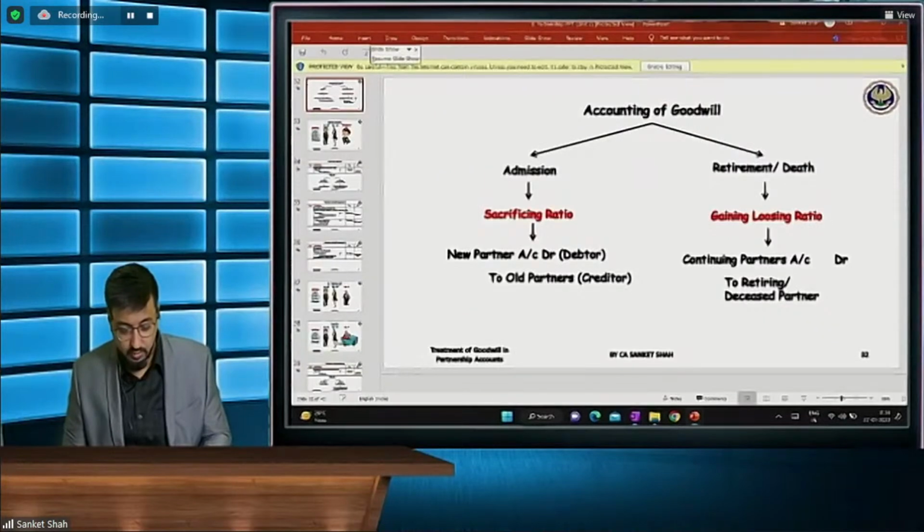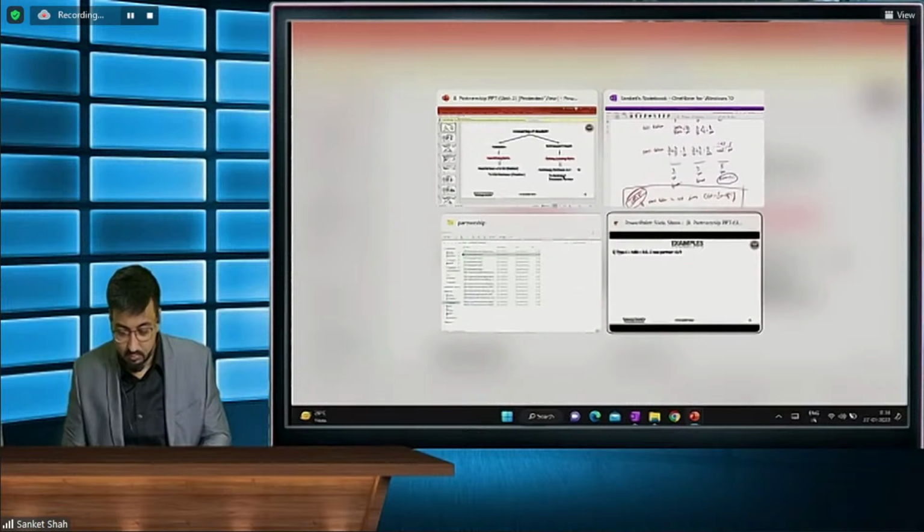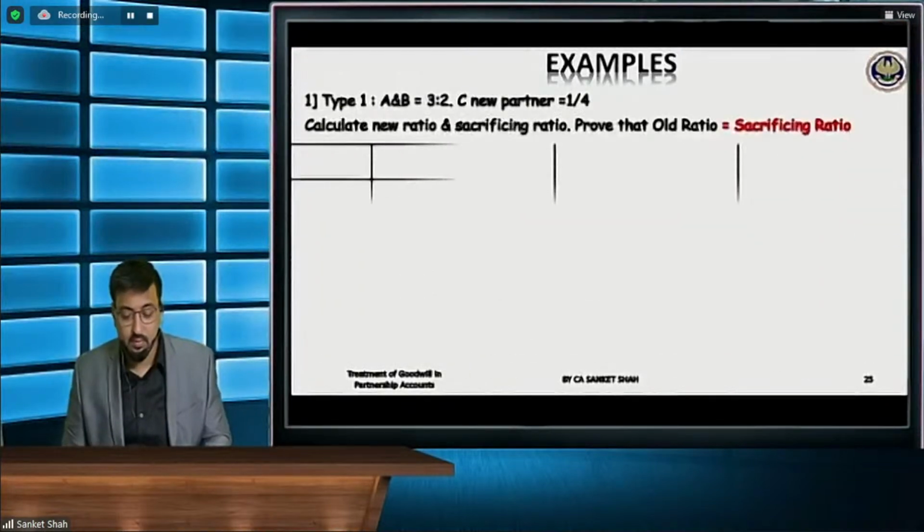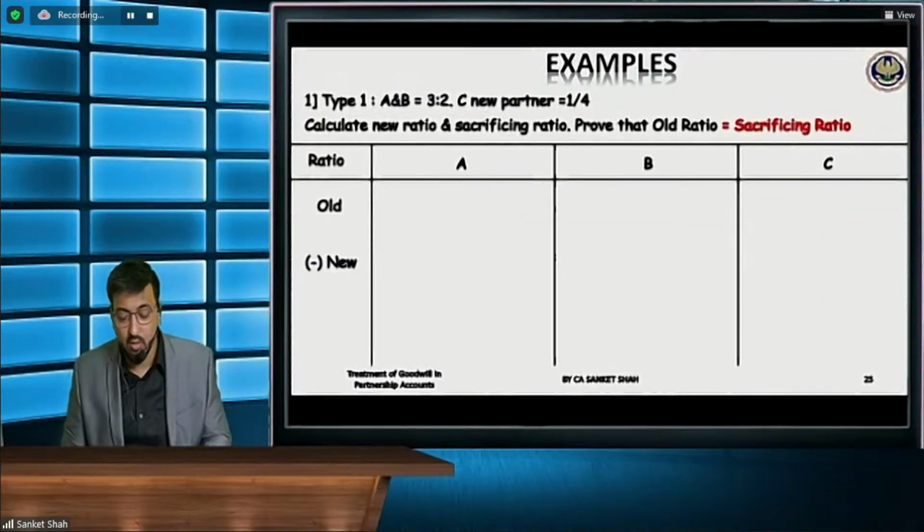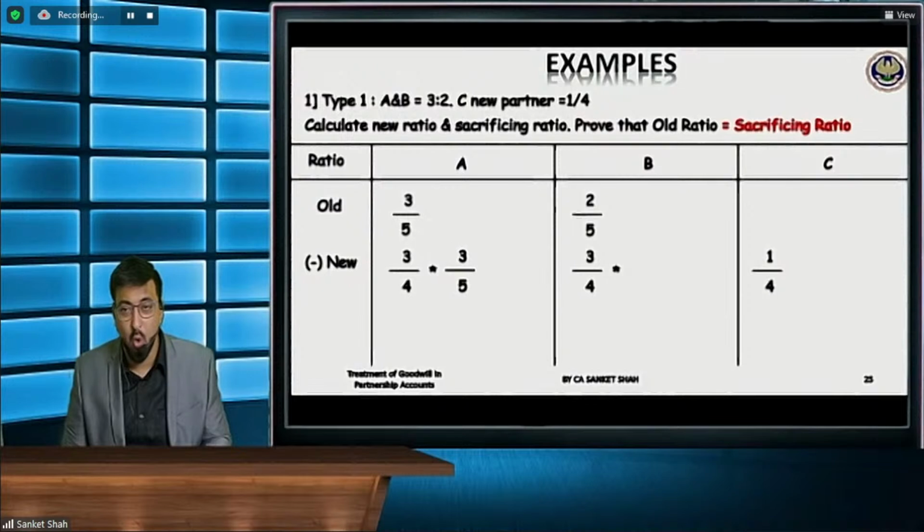Chalo, so you can see the answer. A: old, new, sacrificing. 3/5, 2/5. Let's quickly revise. 1 out of 4 chocolates is given to C, so remaining chocolates are 3/4, and we will divide that in the old ratio, 3/5, 2/5.